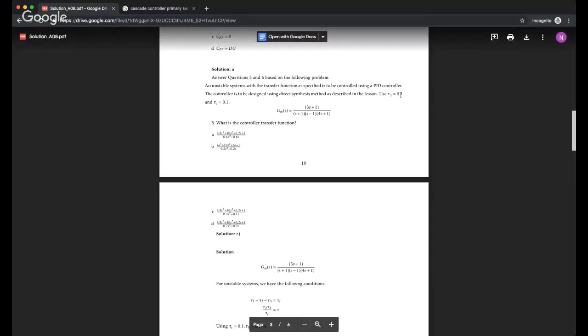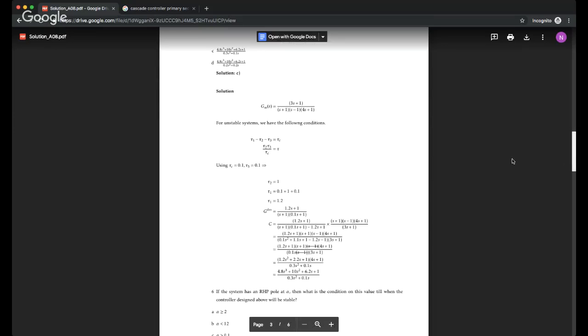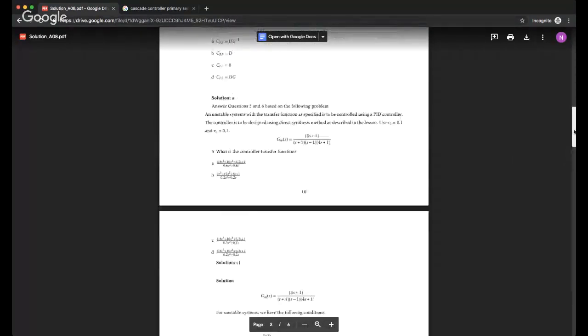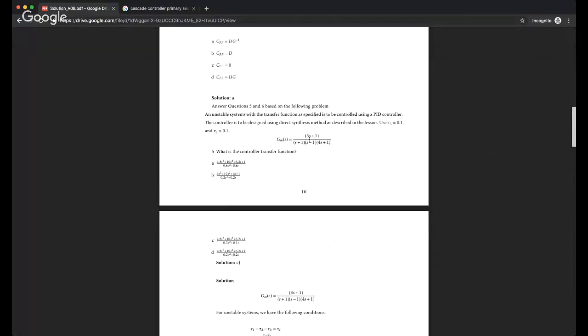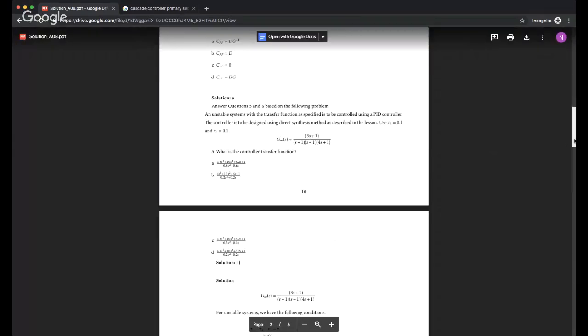You have tau 3 equal to 0.1 and tau c equal to 0.1. The tau which we are talking about here is the coefficient of s in the unstable pole, which is 1 here. I hope this clarifies your doubt. So if it is something like (0.5s minus 1), then tau will be 0.5.